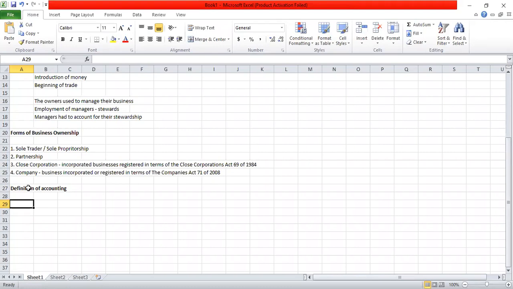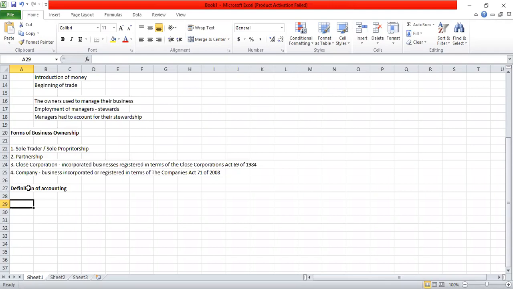It's a process which is a little bit long. It will start with the happening of transactions. Let's say a business sells goods, a business purchases goods, a business buys a motor vehicle, or the owner contributes furniture to the business. All those activities are the ones that begin the accounting process.